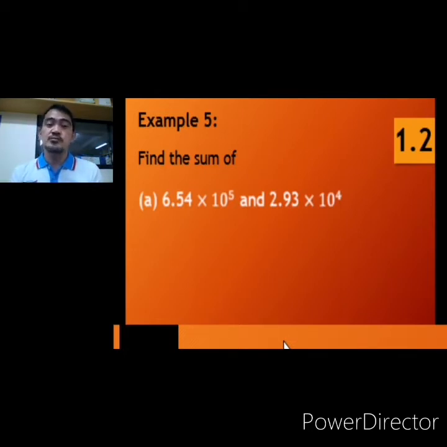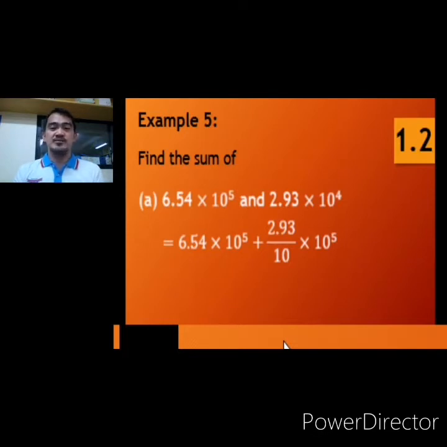We know that 4 is less than 5, so 2.93 must be changed. Here we go. 6.54 times 10 raised to 5 plus 2.93 over 10, or divided by 10, times 10 raised to 5.